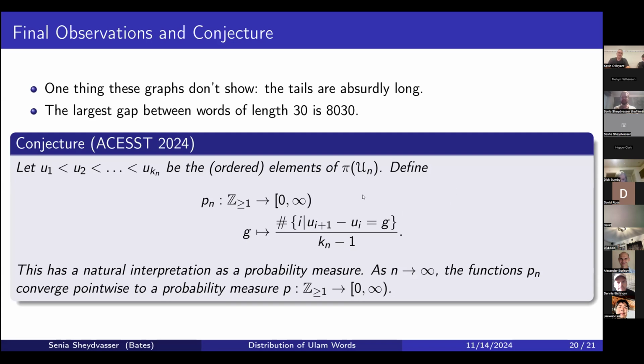So you count the number of times this integer is a gap between two Ulam words, and then you divide by the total number of gaps to make it a probability measure. And based off of these pictures that we've drawn, we're quite certain that this should converge pointwise to a probability measure also on the positive integers, telling you what's the long-term behavior for gaps between Ulam words.